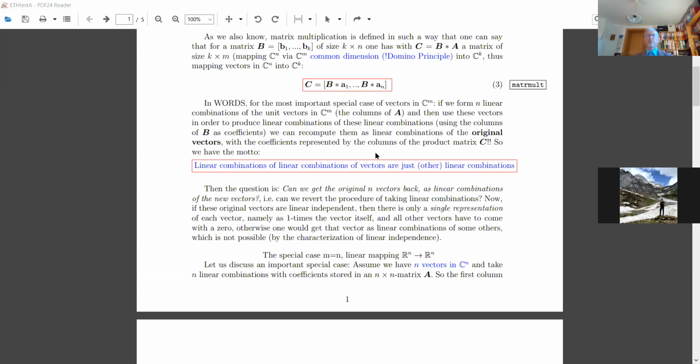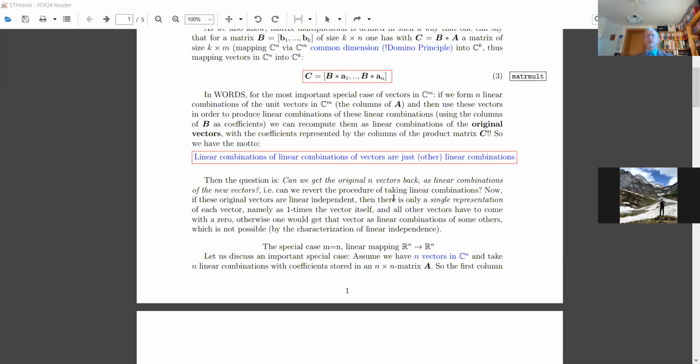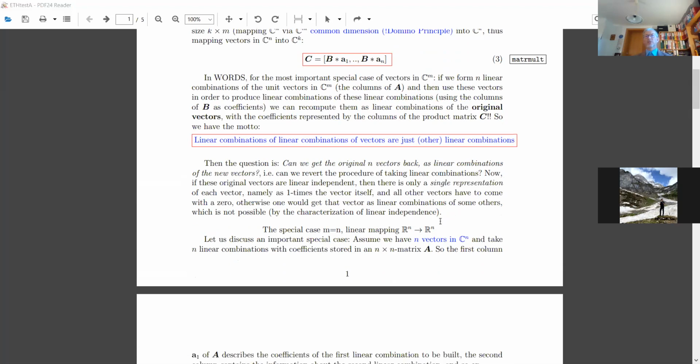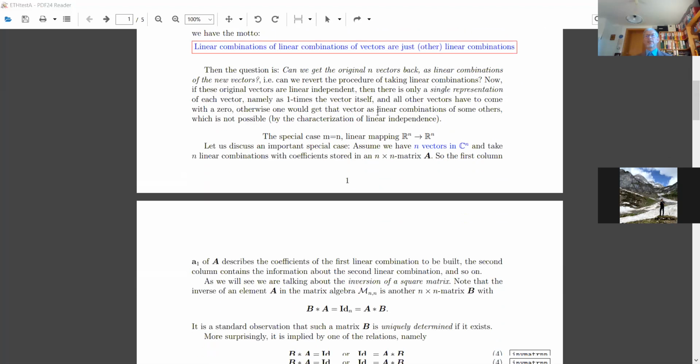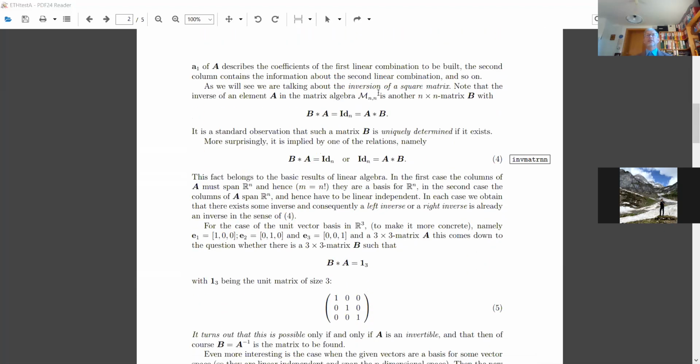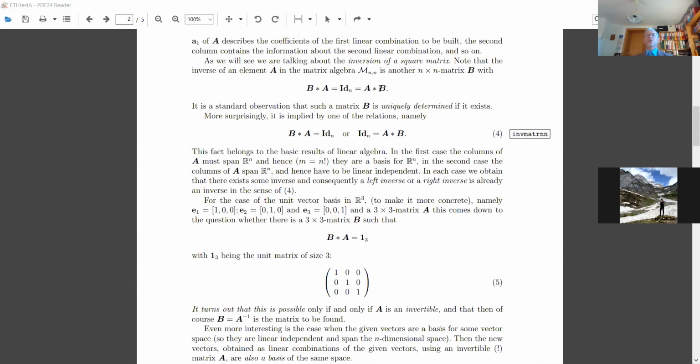And the most important special case, which you all know, is the case that you have square matrices. So m equals n. In this case, you're starting with n vectors, and you take linear combinations. And then it turns out that you're getting a mapping from Rn to Rn, and for such mappings, domain and target are equal. It's meaningful to ask whether it's invertible or not.